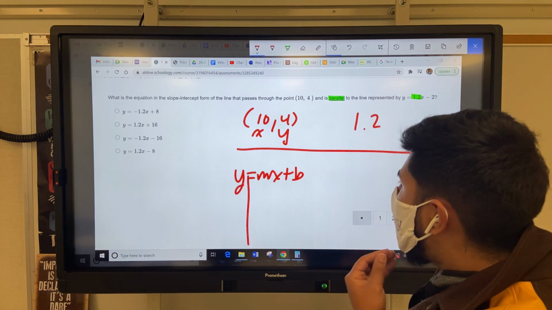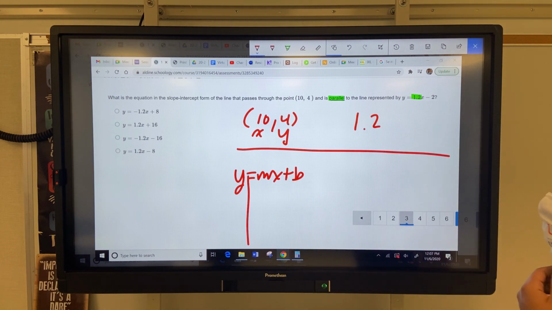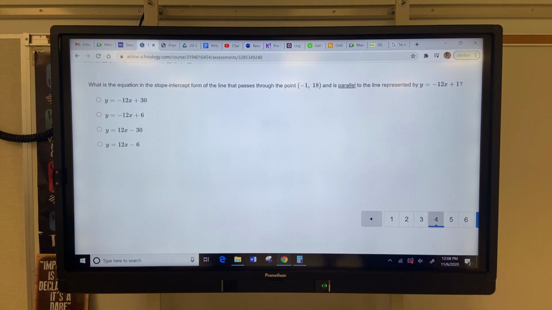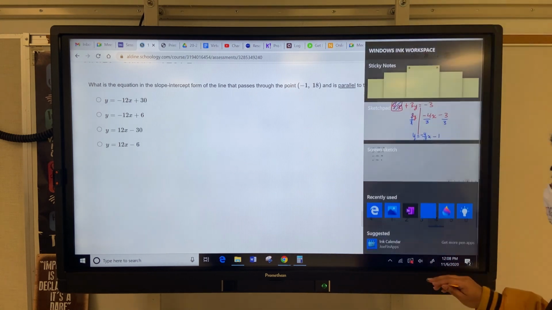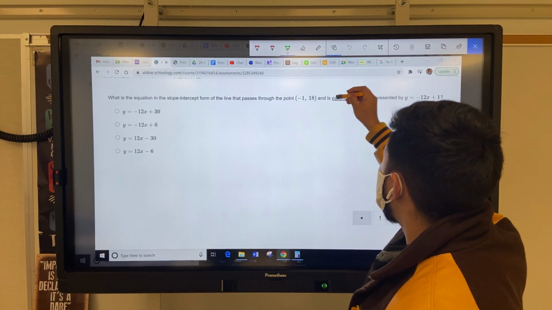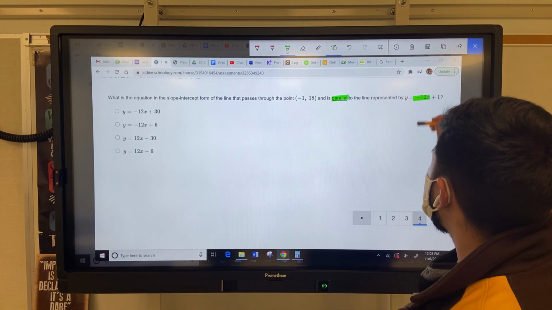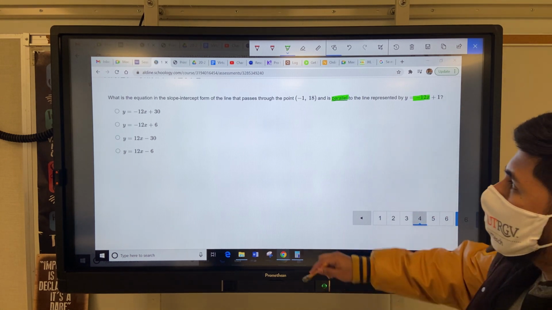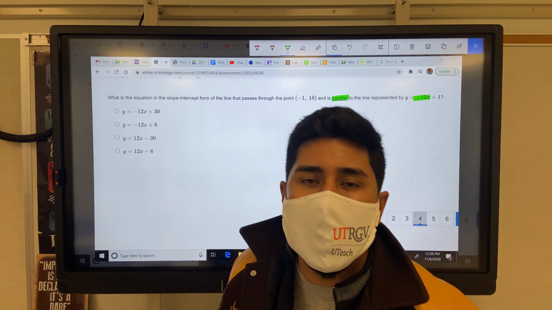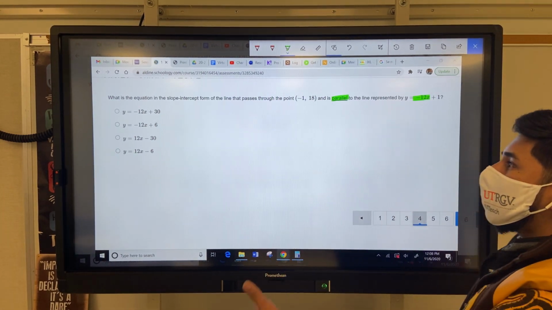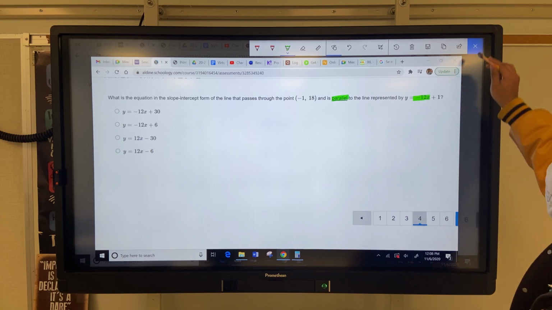Do the beautiful solving, and boom, you get your answer. Awesome. Number 4, same thing. Parallel. So this test is basically over parallel and perpendicular, ladies and gentlemen, since we never got to test over it. X, Y, tell me if the slope changes. Use your y equals mx plus b. I don't need to do much with you. Right there, you should already be able to tell from the previous problem.